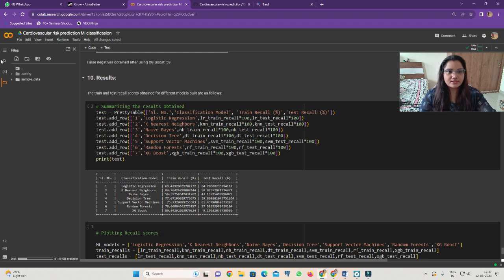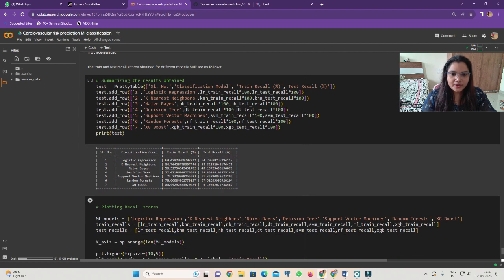Then here are the results. Here we get the logistic regression 69.42 train recall, then the 64.70 test recall, the k nearest neighbor 84.76, then test recall is 58.82, Naive Bayes got 56.32 train and 43.13 test, then decision tree 77.07 and test 39.86.